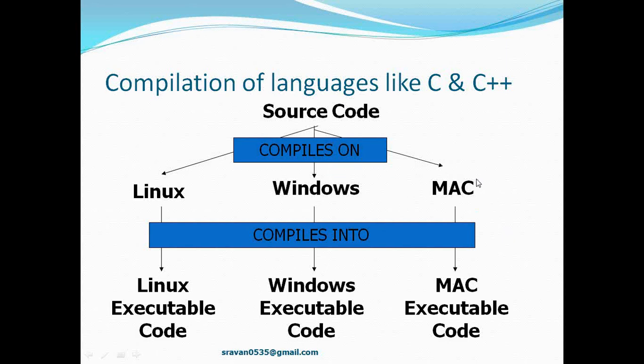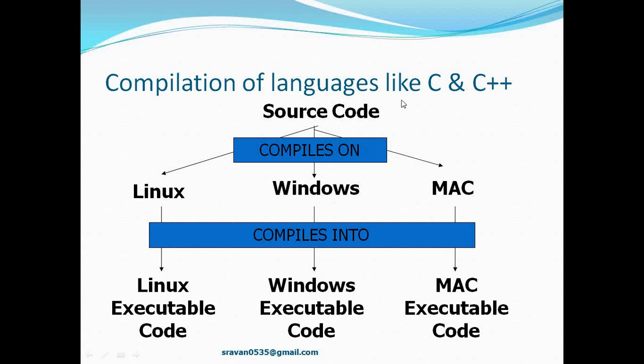If I compile on Mac, it generates Mac executable code. This Mac executable code can run on Mac only; I cannot run it on Linux or Windows, and vice versa. That's why C and C++ are platform dependent. Guys, got my point? Am I clear?